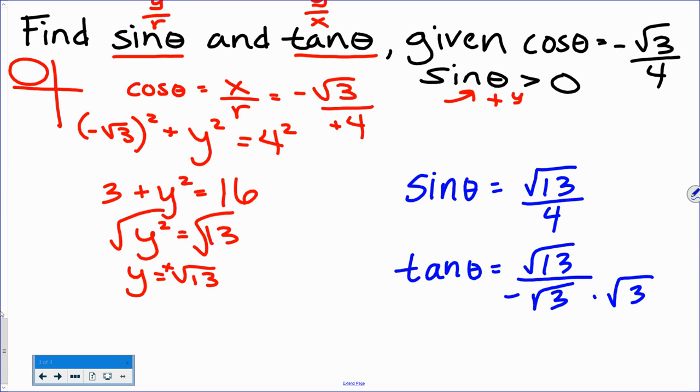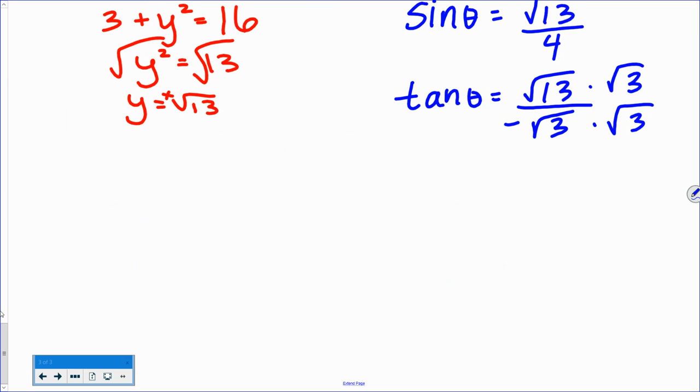So I'll multiply the top and bottom by the square root of 3. On top, I'll get the square root of 39. You can put your negative wherever. I'm going to throw it in top right now. That'd be the square root of 9 here in the bottom, which leaves me with 3.